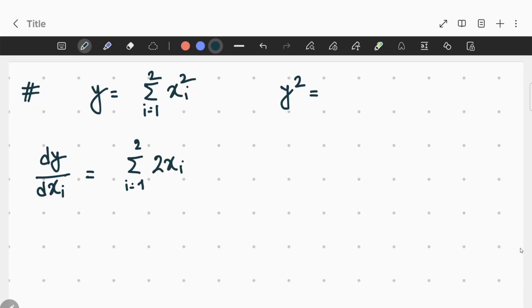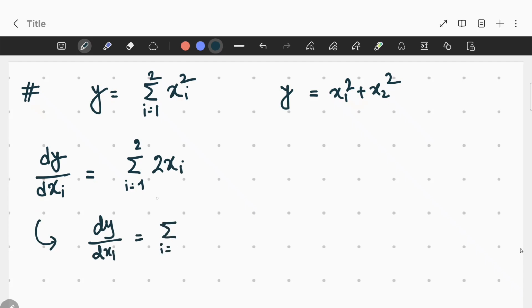Now let me check. y is x1 square plus x2 square. If this formula is correct, then for x1 it is the sum over i, 1 to 2, so 2x1 plus 2x2.